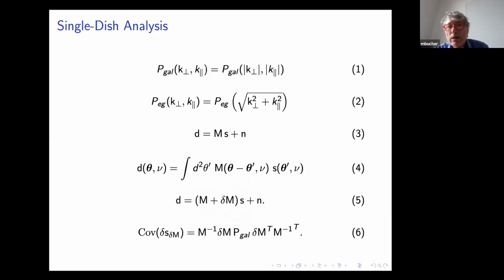Well, okay, so for the cosmology, we're ignoring redshift distortion. This is homogeneity and isotropy that gives you this.